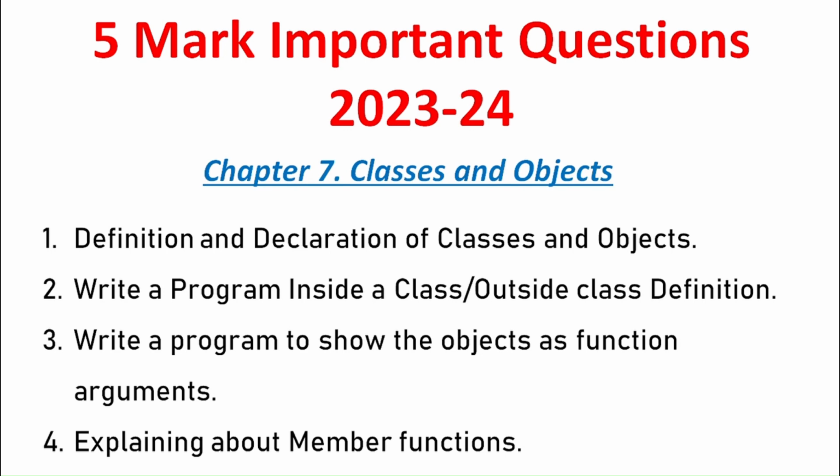The second important question is about a program which they may ask with inside and outside class definition. Another important program is to show objects as function arguments. And lastly, member functions both inside and outside the class definition. You can find these videos also in the description box.